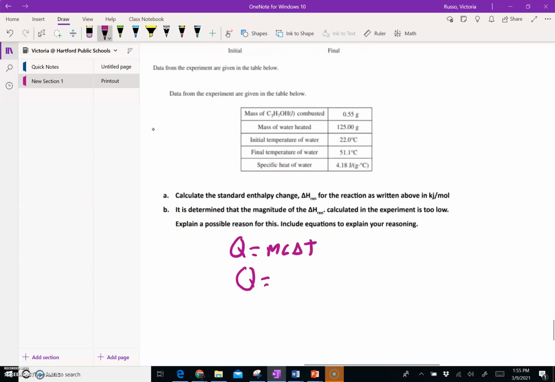So again, we've done this calculation a million times. So the mass of water is 125 grams. Again, I can't say numbers. Hopefully by now you know the specific heat of water is 4.18. And the change in temperature, we have to subtract these two temperatures. I believe if we do this it is 29.1.